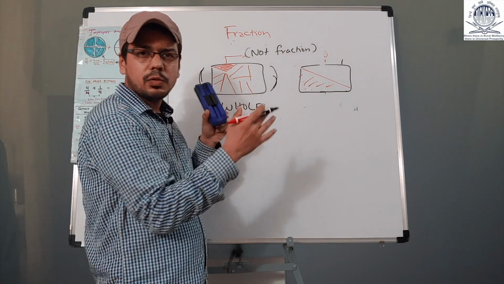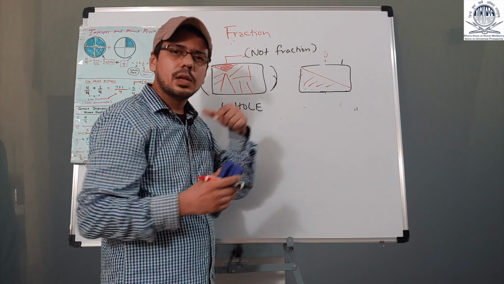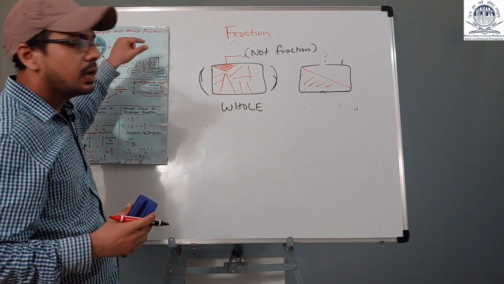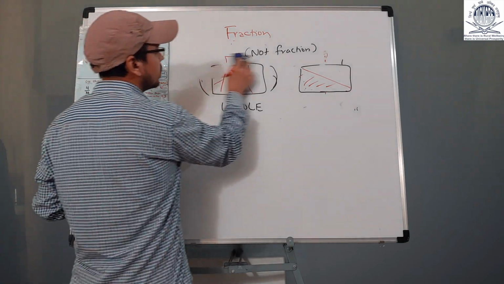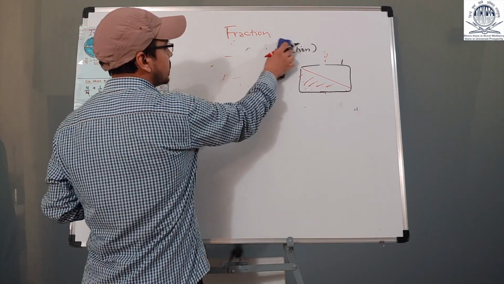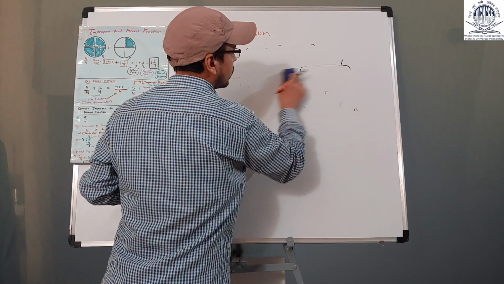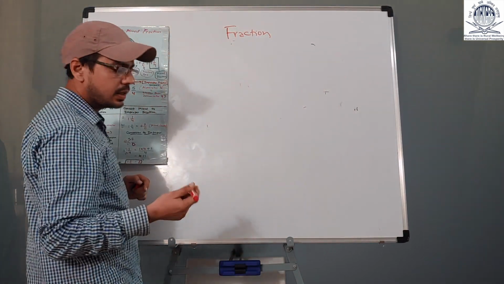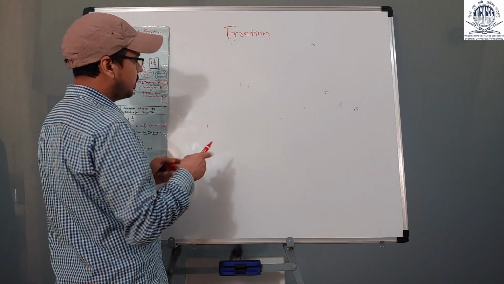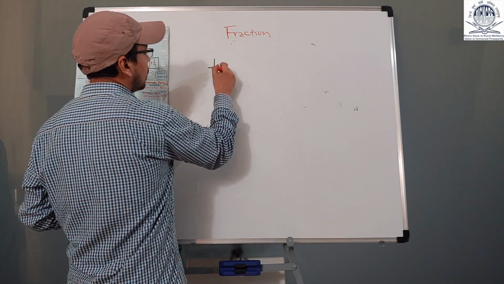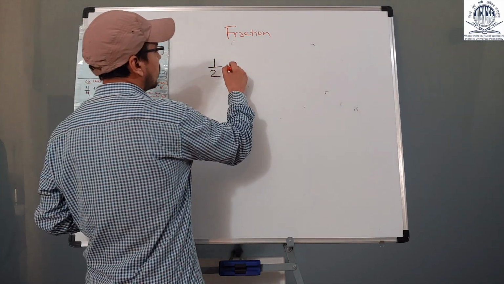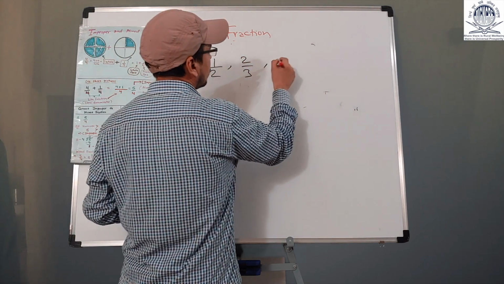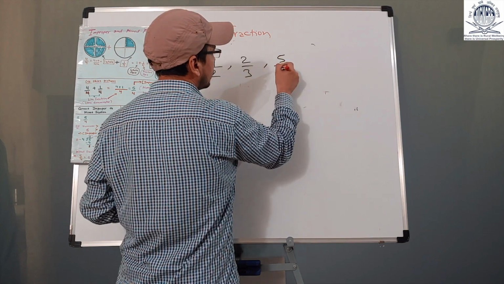Right, now we are done with the basics, and we can now continue with proper, improper and mixed fractions. Now I'm sure last time we discussed what are proper, what are improper. Just a little recap, the proper fractions might be of the type 1 out of 2, or 2 out of 3, or 5 out of 7.